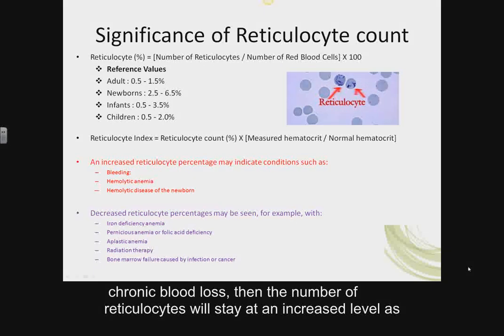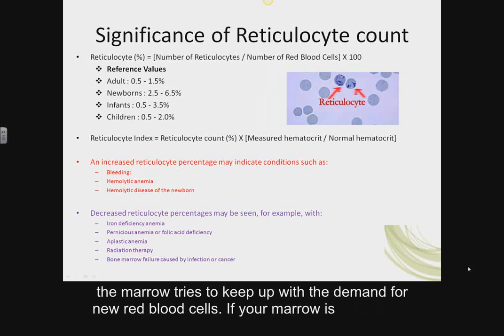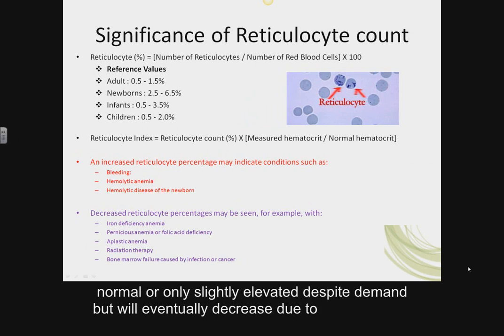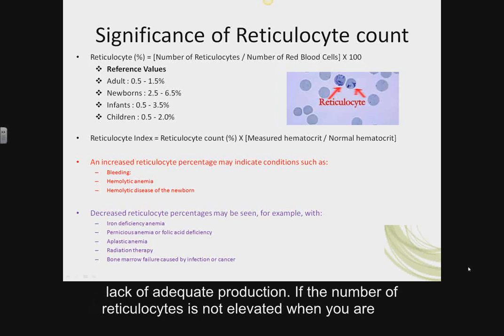If you have chronic blood loss, then the number of reticulocytes will stay at an increased level as the marrow tries to keep up with the demand for new red blood cells. If your marrow is unable to keep up or is not functioning normally, then the number of reticulocytes may be normal or only slightly elevated despite demand, but will eventually decrease due to lack of adequate production.